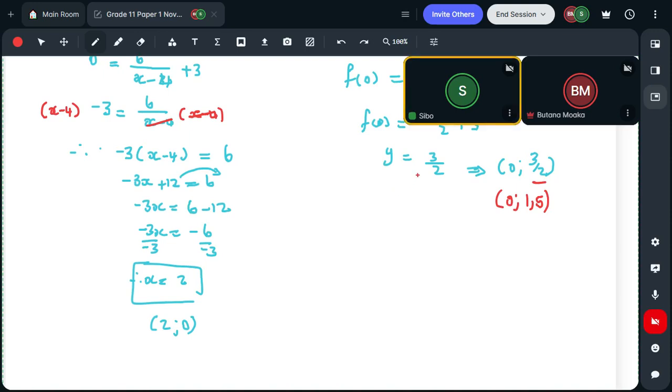My iPad is just glitching, but it's okay. I'm just trying to draw my asymptotes in nicely.